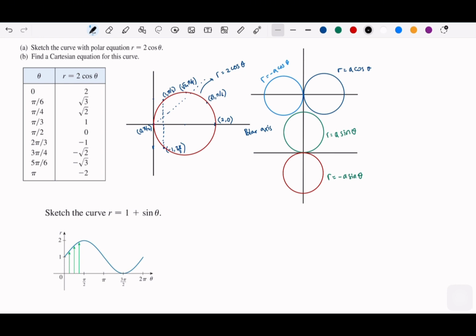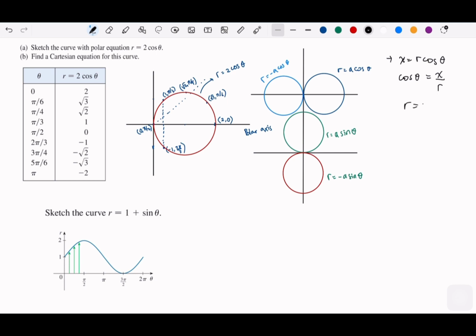Oh, by the way, I forgot. If you want to find the Cartesian equation for this one, what we can do is, let me just write here. We have x equals r cosine theta. I forgot to mention this. So cosine theta is x over r.